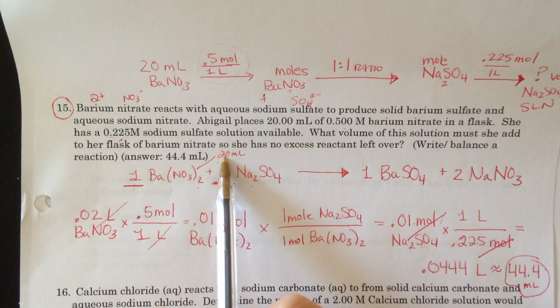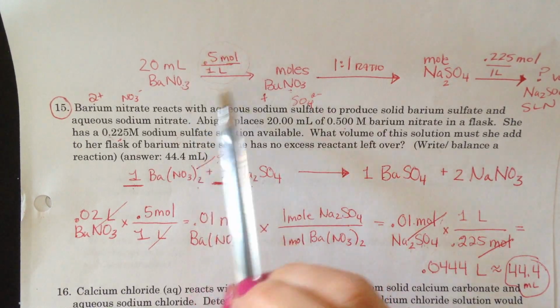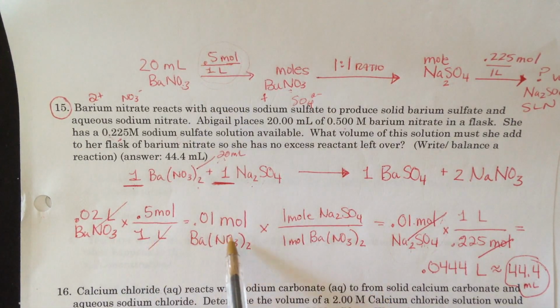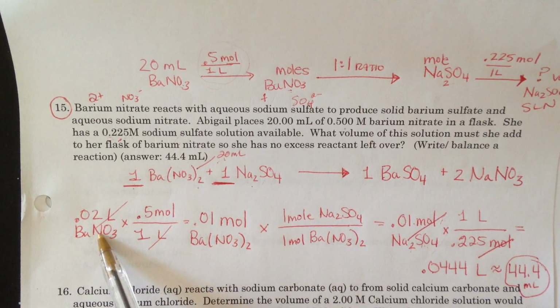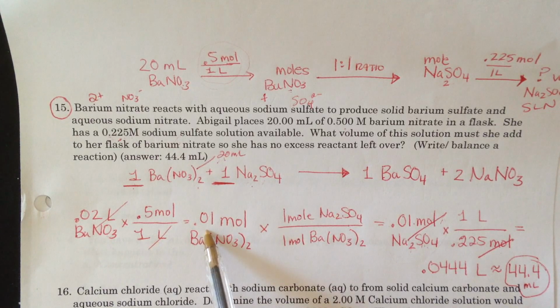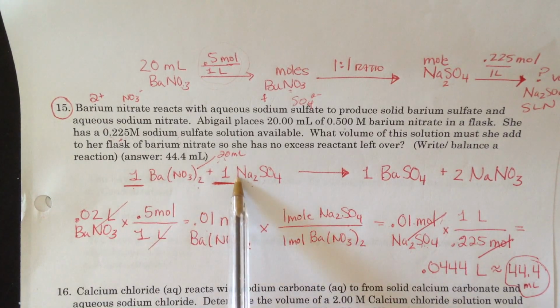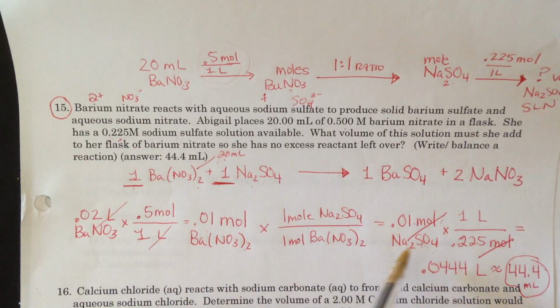So we need to figure out how many moles that is. So I can use the concentration of that solution to figure out that, oh yeah, in 0.02 liters or 20 milliliters of that solution, I have 0.01 moles of my barium nitrate. And in the reaction, it reacts in a 1-to-1 ratio, so I need 0.01 moles of sodium sulfate to react with that.